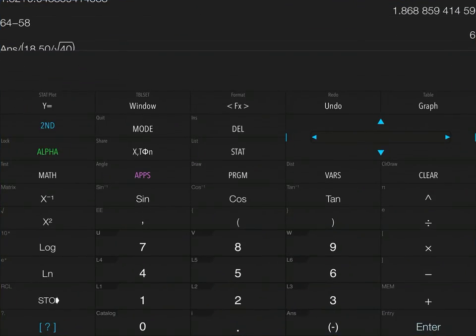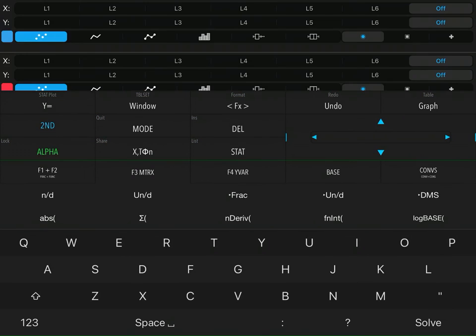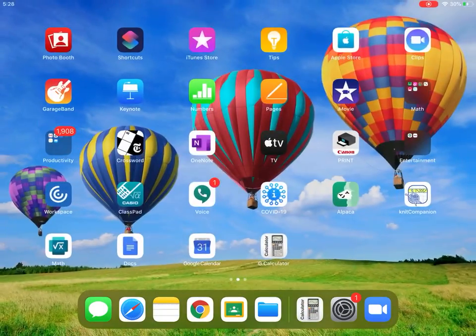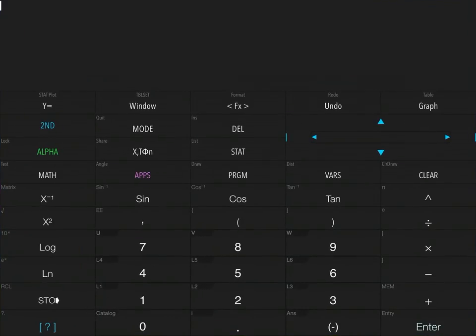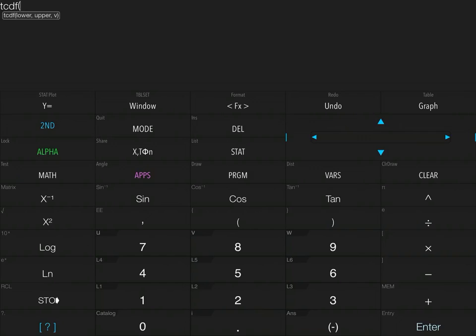Go back to the calculator for a second, and let's quit. Open that again. Second distribution, and we want TCDF.